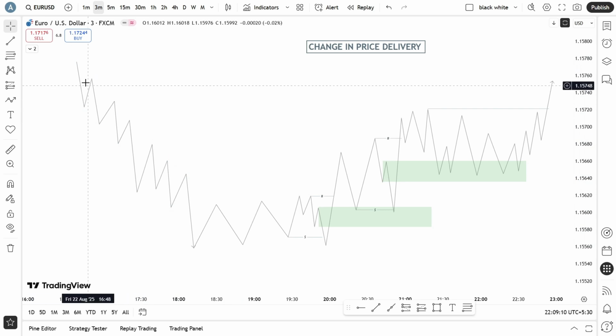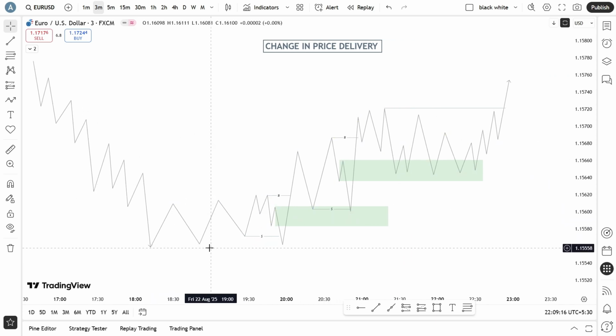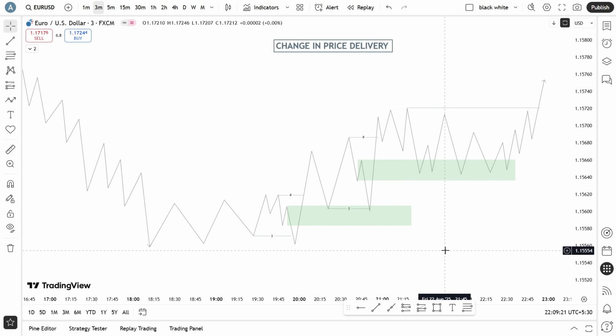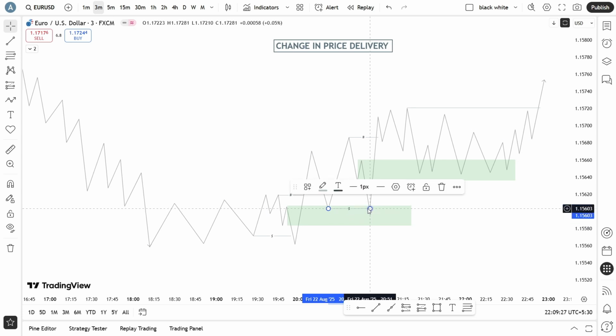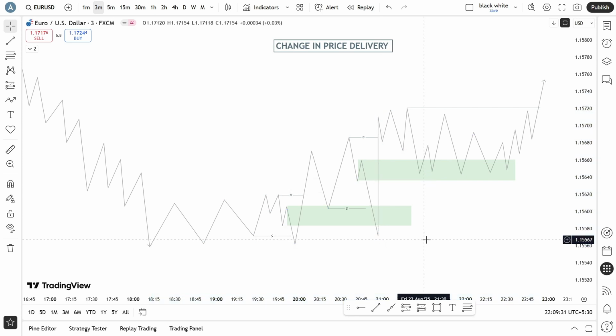When the price was falling, accumulating some kind of liquidity over here, then we fall, then the price starts to move higher. And in this phase, most of the time we wait for the extreme POIs to be mitigated, that is, this particular level, but that rarely happens. And we often miss our trades.